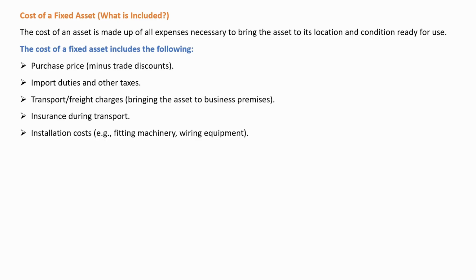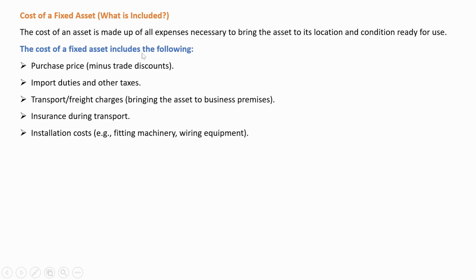You have to pay transport from Nairobi to Nakuru, maybe 10,000. And then once you arrive at Nakuru, you have to call a technician to help you to install the asset. You pay the technician. Then you realize there is something that is supposed to be added to the asset to make it start working, to make it operational. Maybe you have to build a small house for the asset. So all the expenses you incur to make the asset ready, to make the condition ready for use, all those should be added to form cost of the fixed asset.